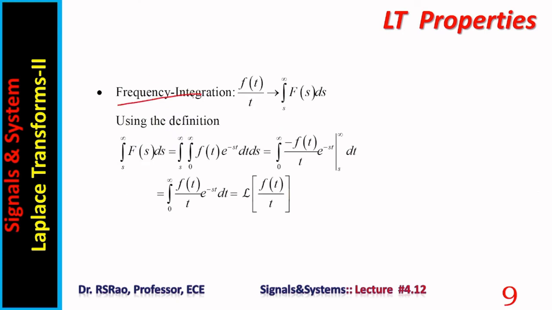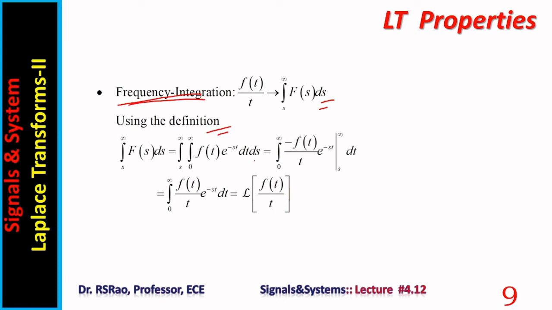Another property, the frequency integration property. It means the Laplace transform of f of t by t is equal to integral s to infinity F of s ds. Using the definition, integral s to infinity F of s ds is integral s to infinity integral 0 to infinity f of t e power minus st dt ds.